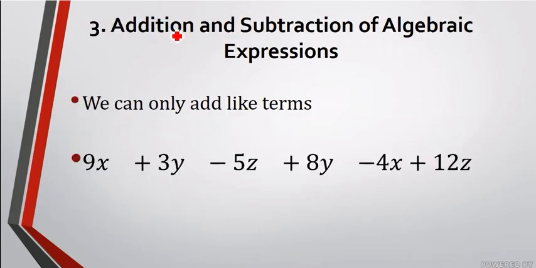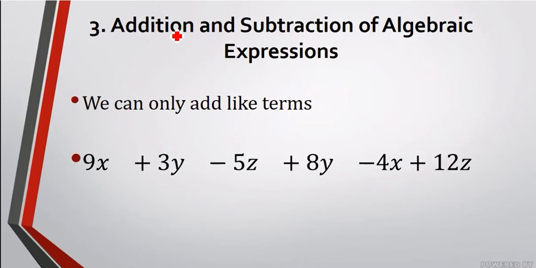Now we're going to be moving on to the third part of this course, where we'll be looking at adding and subtracting algebraic expressions, right? And I must reiterate that we can only add like terms. So let's look at this expression: 9x plus 3y minus 5c plus 8y minus 4x plus 12c.